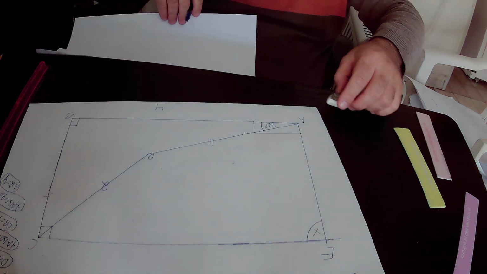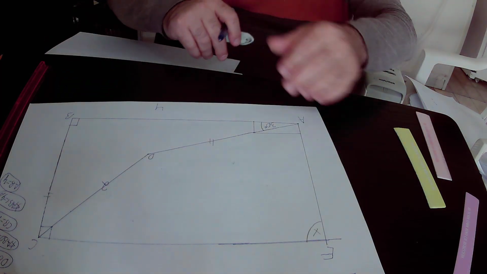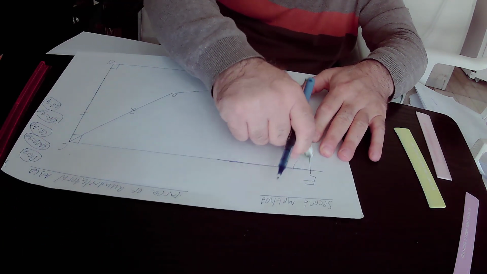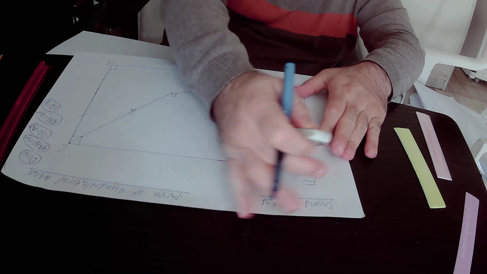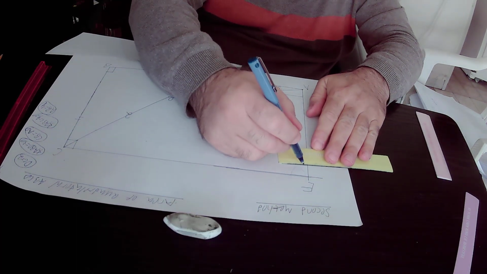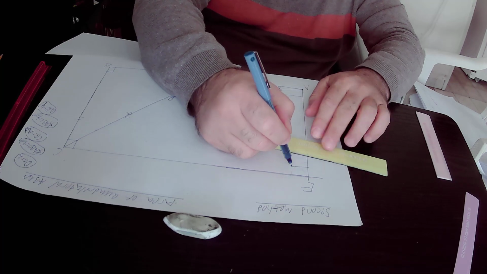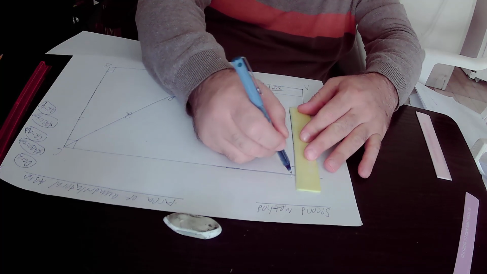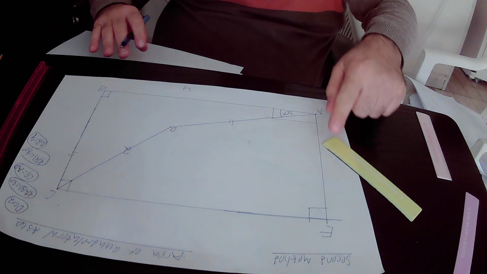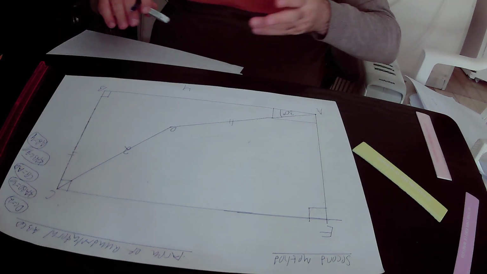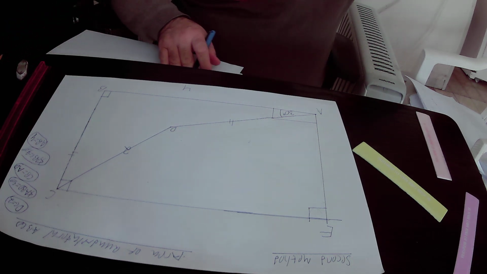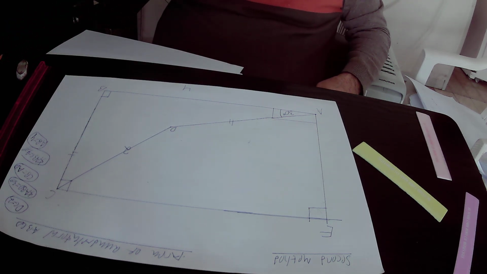So we'll change angle X to a right angle. You can see from the drawing that all four angles in quadrilateral ABCE are right angles. They are equal to 90 degrees.